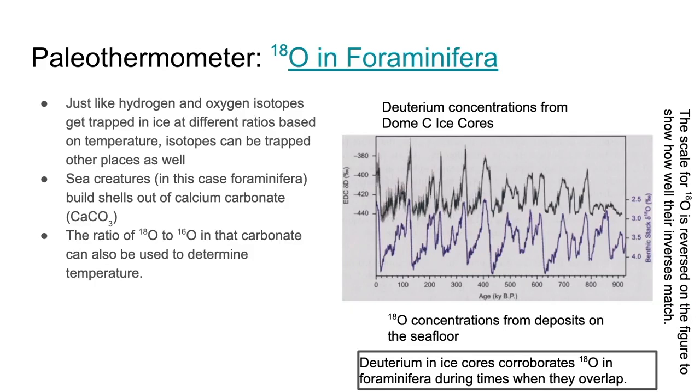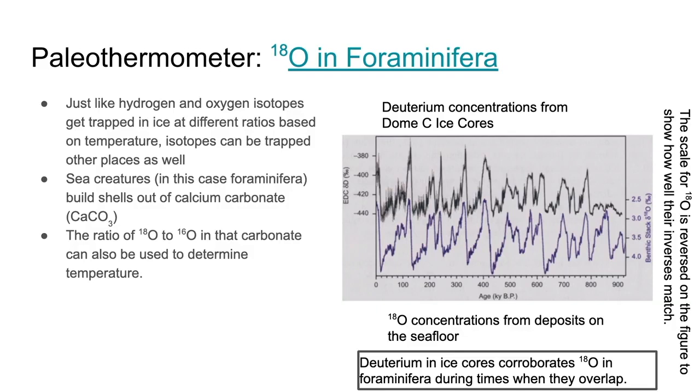These guys produce shells made out of calcium carbonate. And when they die, that calcium carbonate is left behind with whatever atoms were present in them at the time. And so in that calcium carbonate, you've got oxygens, and those oxygens can be oxygen 16s or oxygen 18s. And the ratio of oxygen 16 to oxygen 18 in that carbonate can be used to determine temperature.